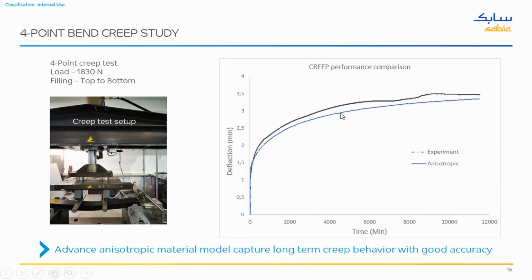So with these 3 studies, we get good confidence in how both the short-term and the long-term material behavior are captured very well with such coupled simulations, where each software, Moldflow, Digimat, and Abaqus in combination plays a very important role in capturing the accuracy of the material behaviors.